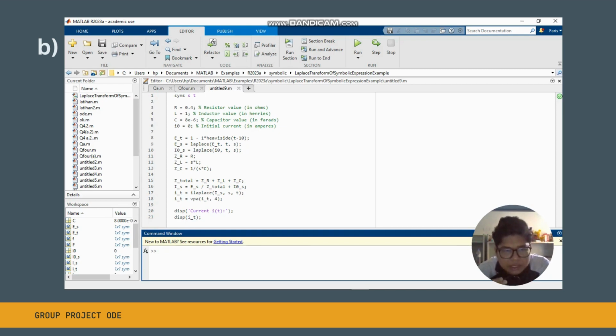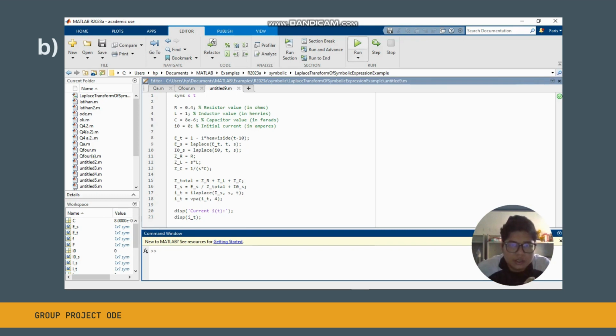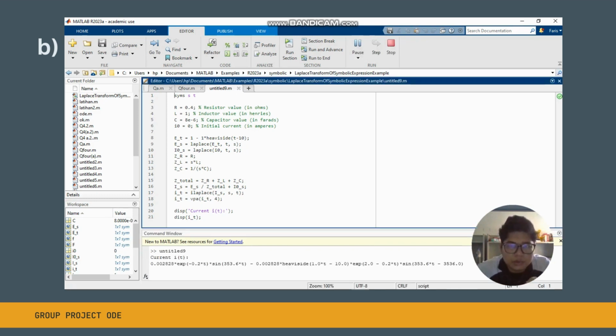And I(s) equals E(s) divided by Z total plus I0(s). For i(t), we take the inverse Laplace of I(s), s and t, and then vpa of i(t) with 4 digits. And we run the code to display the answer.